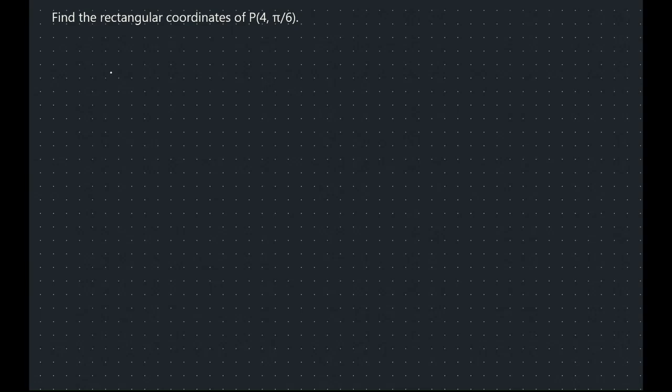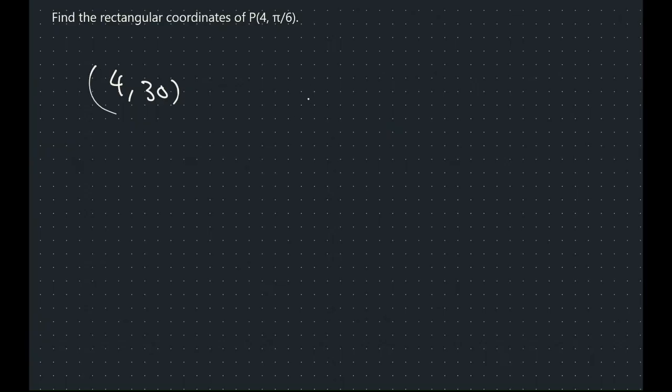Now this is probably the easiest concept out there. I will just rewrite this into degrees, or you can move your calculator into radian mode if you want to solve it like this, but I will move it to degrees also to talk about the conversion itself again. So we have 4 and 30 degrees. And why is it 30?